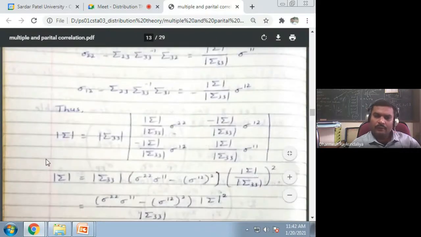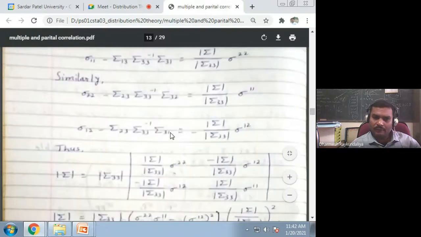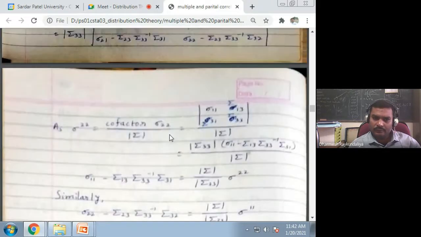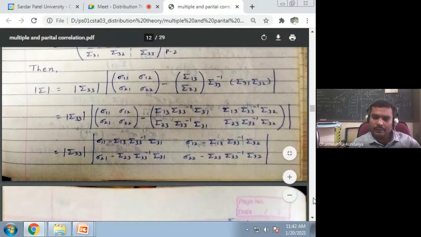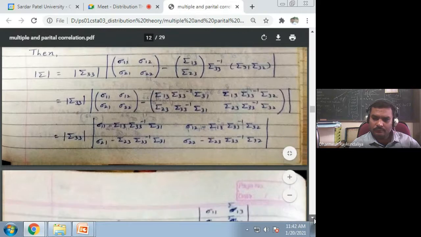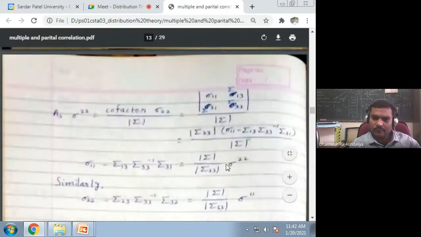So what I do is I will just substitute wherever this quantity, sigma 1 1 minus sigma 1 3 sigma 3 3 inverse sigma 3 1, is there, I will substitute it by this quantity. Similarly, wherever the quantity sigma 2 2 minus this is there, I will substitute this.